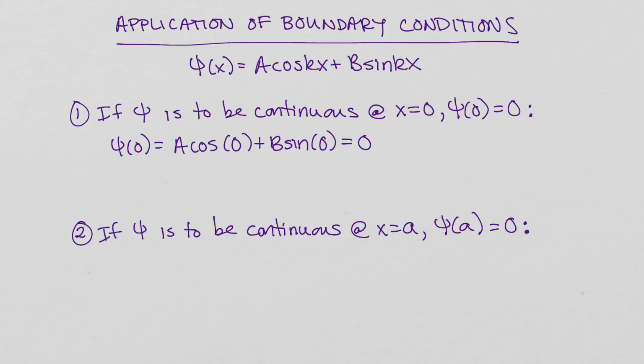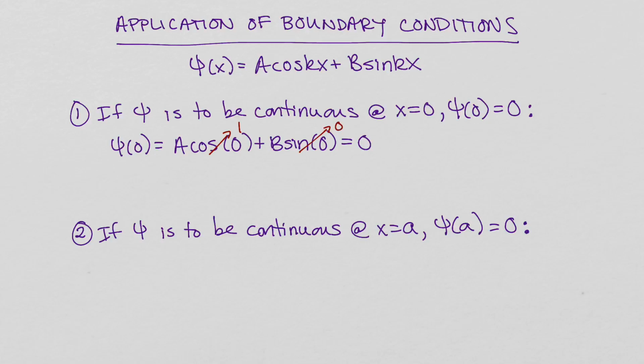Okay, so if we plug in 0 wherever we see an x in our general solution, we end up with this equation, and now we just start evaluating it and see where we end up. Okay, so we know some things about cosine and sine at 0. Remember, cosine of 0 is 1, sine of 0 is 0.